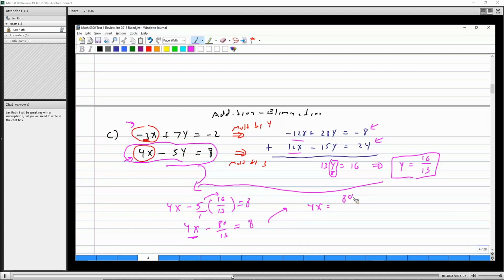So the left will be just the 4x. And then you want to probably put the 8 over 13. So you multiply 8 and 13, which is 104. So you can write that as 1 over 4 over 13.